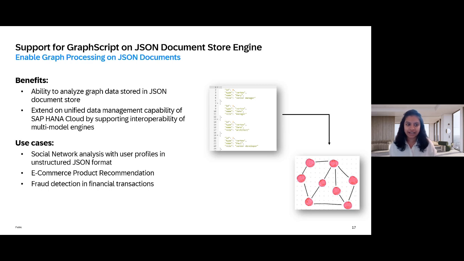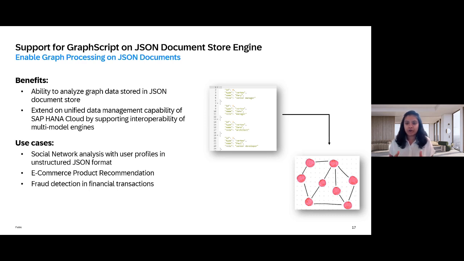And it is definitely an extension of our unified data management capabilities, as it is exhibiting and supporting the interoperability between the multi-model engines. So no need, like in earlier times, to have a JSON document and then convert it into a vertex table and then into an edge table and then build a graph workspace on top. So we are cutting down on all of these efforts. We are just going to use this new feature, which makes it easier.